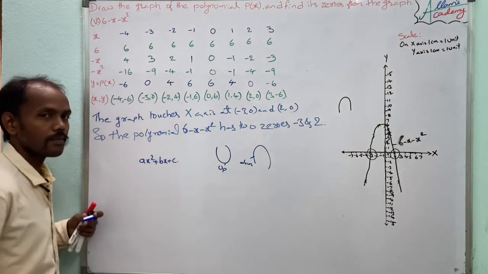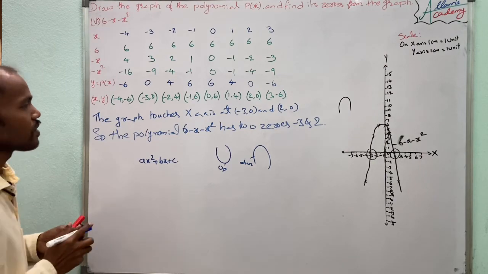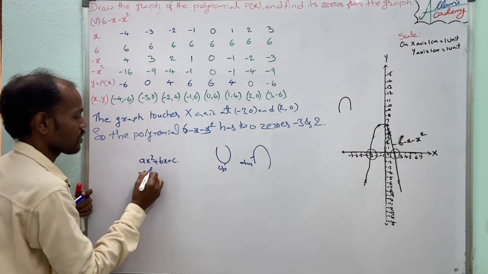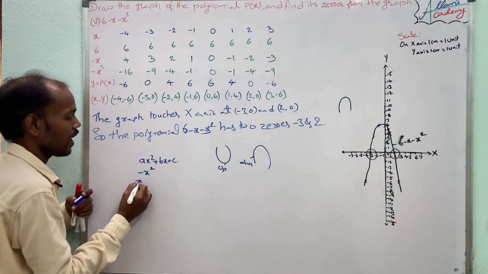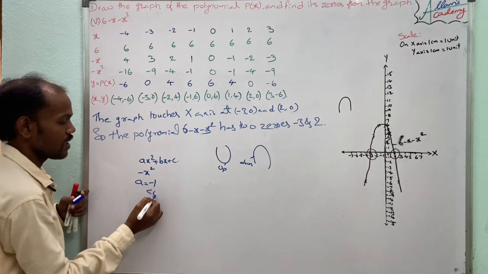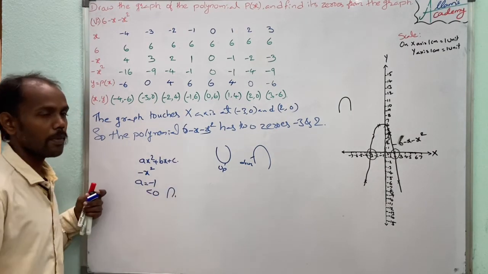If we observe this problem, minus x square, the coefficient of x square is minus 1. Minus 1 means it is less than 0. So we get this downward parabola.